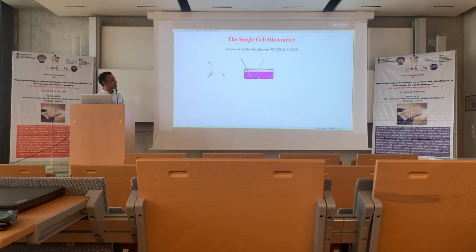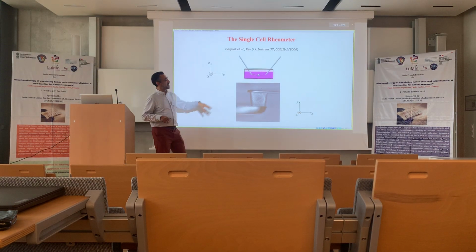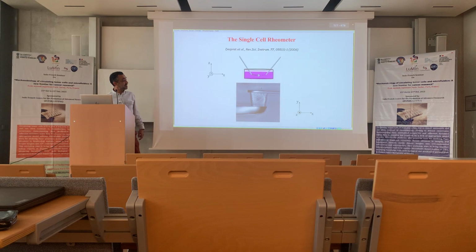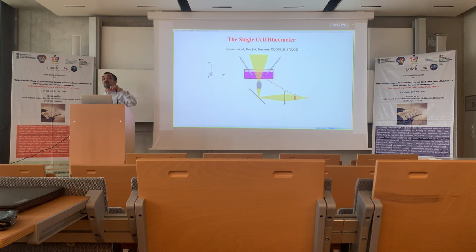You can catch the cell in between these plates and go up, so you have just one cell isolated between the plates. At any time we can get the position or deflection of the probe, so we can have in real time the force applied to the cell, and also the deformation or strain. So we can apply any feedback loop, constant force, constant stiffness, whatever.